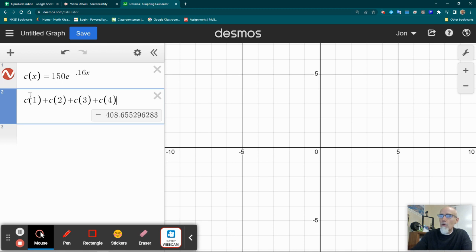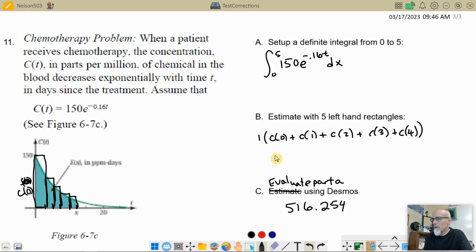I'm missing something here. Oh, I'm missing the c of 0. We wanted to start at c of 0. And I get 558.655. Look how close I am, right? It's not that far off.